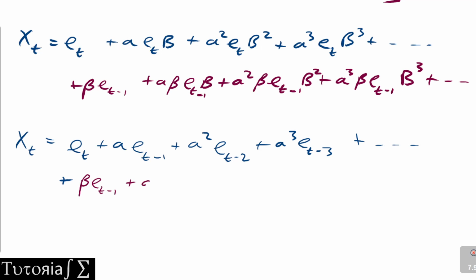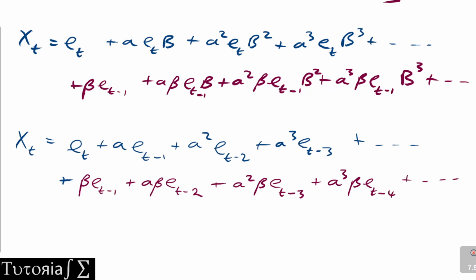Plus here we have a beta, so we already have one lag here plus another lag, so this would be e_{t-2}, plus a^2 beta. Then here we have one lag plus another lag, that would be e_{t-3}, plus a^3 beta. So we have one lag plus another lag, that will be e_{t-4}, plus so on and so forth.